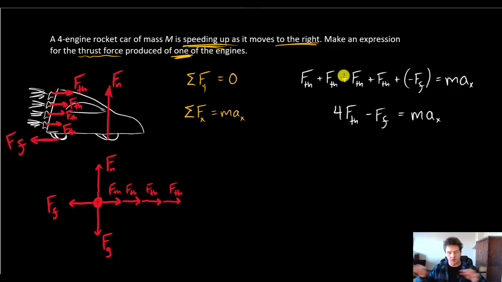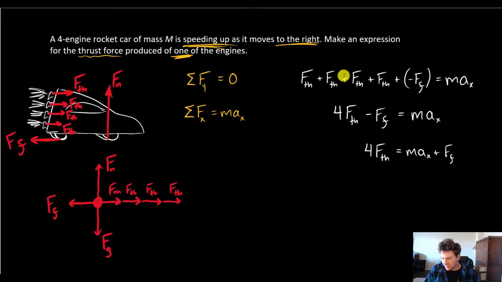So I need to start getting things to the other side of the equal sign. So I'm going to add force of friction over to the other side. So I have MA in the X direction plus force of friction.